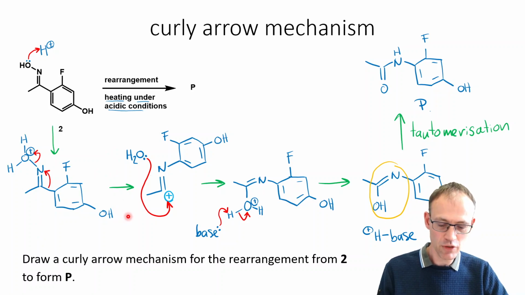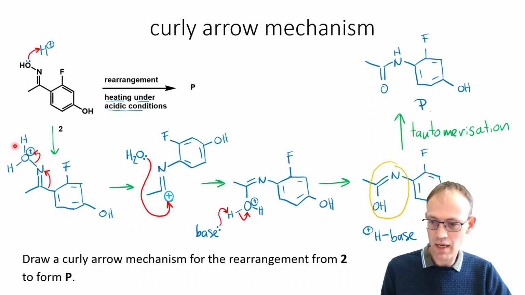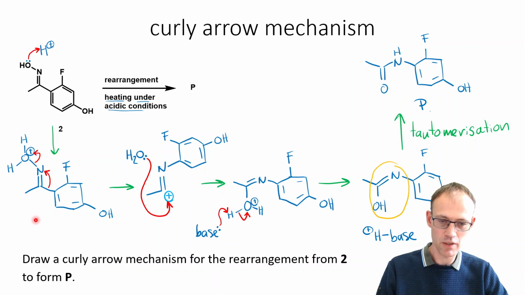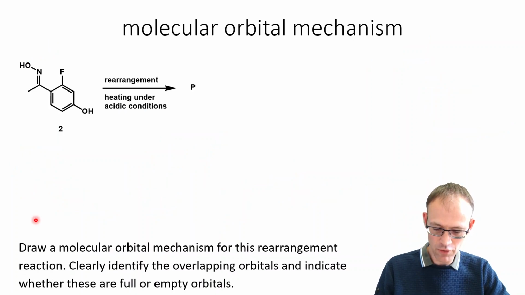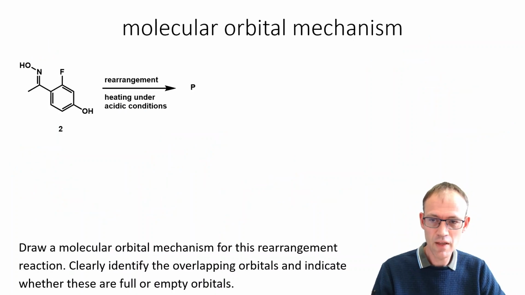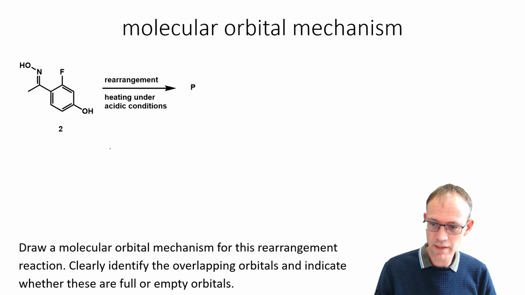So the next thing that we're going to do is look at the step that we see over here, and we're going to look at the molecular orbitals involved in that step, which will also explain immediately why it's this carbon-carbon bond that moves and not that carbon-carbon bond. So there we go. Here we go for the molecular orbital mechanism now.